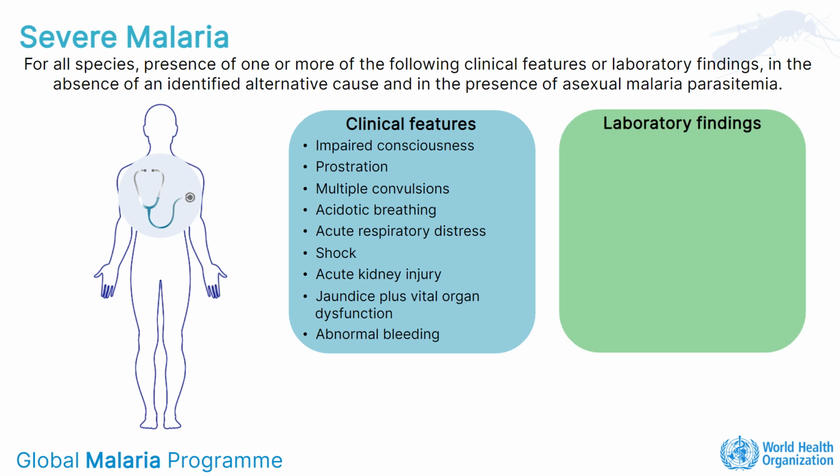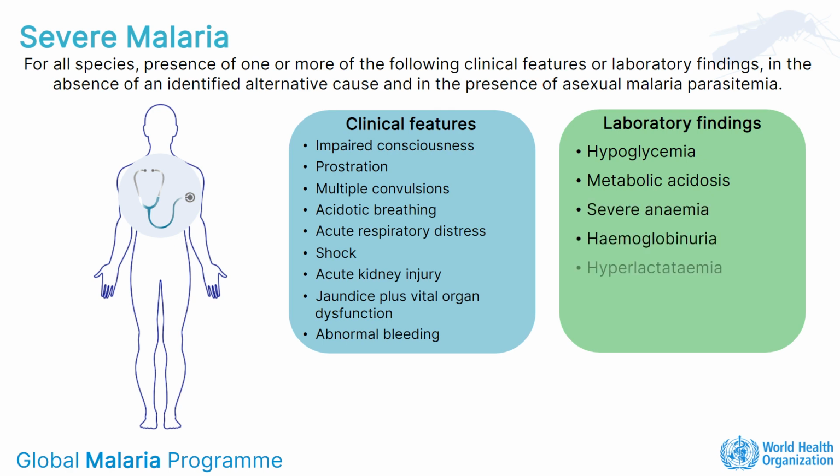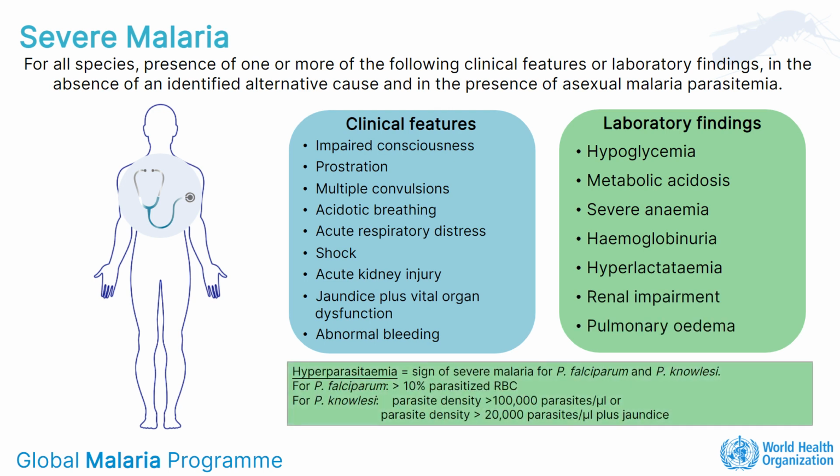The laboratory findings can include hypoglycemia, metabolic acidosis, severe anemia, hemoglobinuria, hyperlactatemia, renal impairment, or pulmonary edema. Hyperparasitemia, or high parasite density, in infections with Plasmodium falciparum and Plasmodium knowlesi is also a reason to classify a patient as having severe malaria.